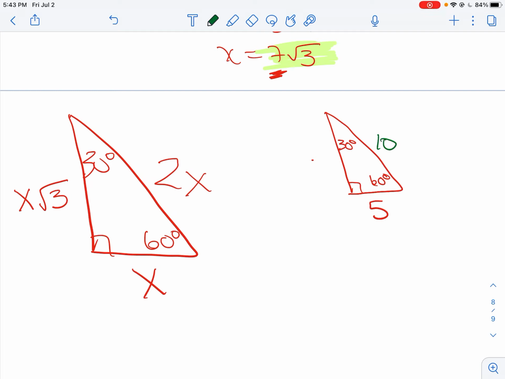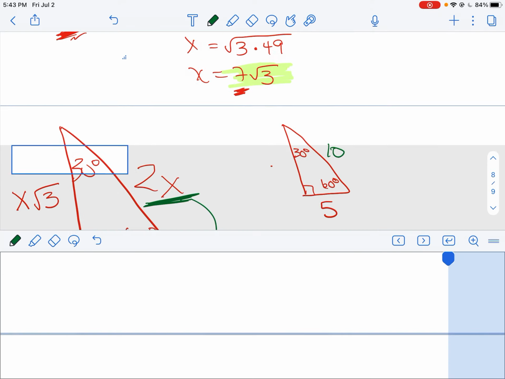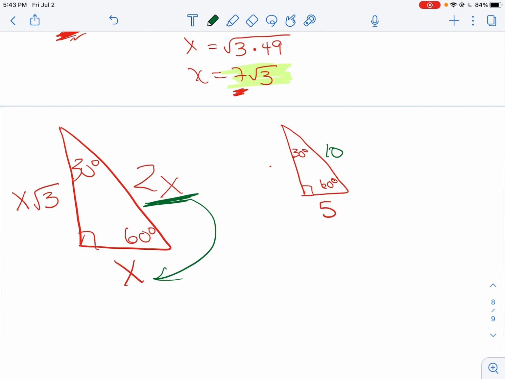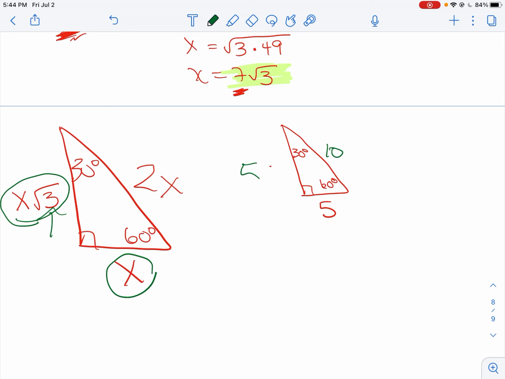So it's going to be 10. Because the hypotenuse is twice the amount of what's across from 30. I do that all the time. Then across from the 60 degrees, I take what x was and I multiply it by the square root of 3. So I take 5 and I multiply it by the square root of 3.